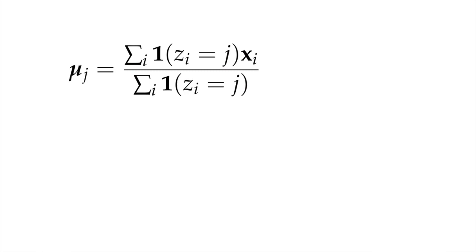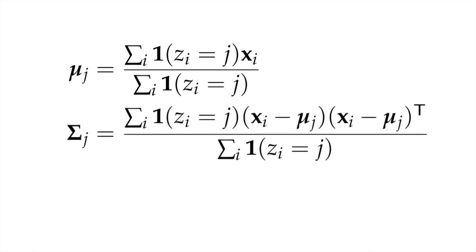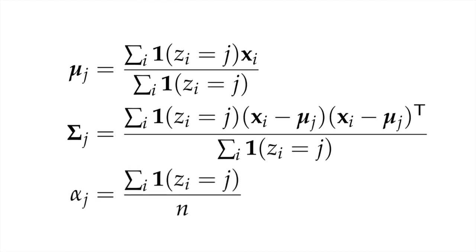In this case, the means would be the mean for each individual group, the covariance would be the covariance for each individual group, and the class membership probabilities would just be the proportion of the samples overall that we've assigned to the class. These are all standard maximum likelihood estimates that we could represent like this.